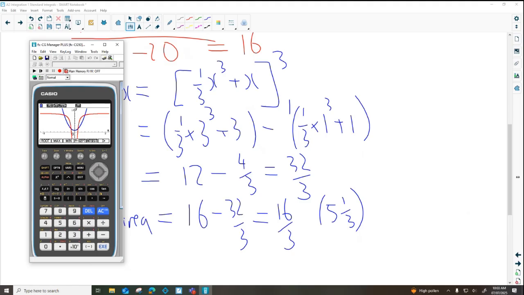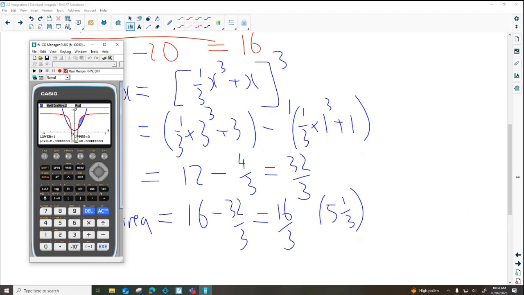If I press, in this case, gsolve, integrate, I'm going to find the area between the intersections. The lower limit value, if you go to the right, is where x is equal to 1. Press execute. If you go to the right again, the upper limit value is that. It will give you that. The integral may be positive, negative, but the area there, 5.333, will go.